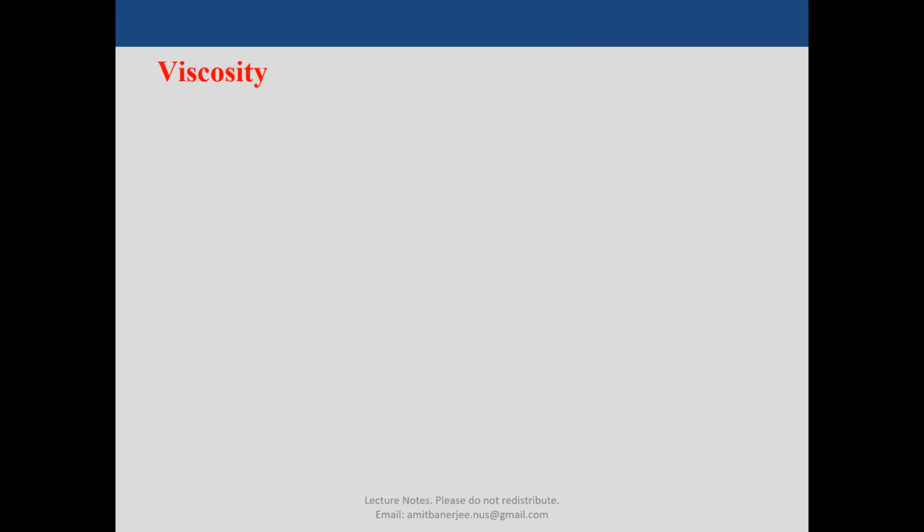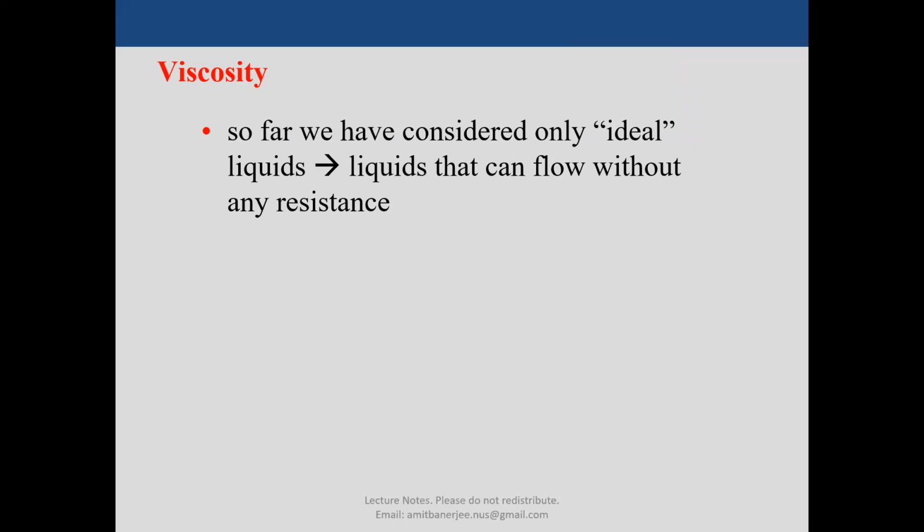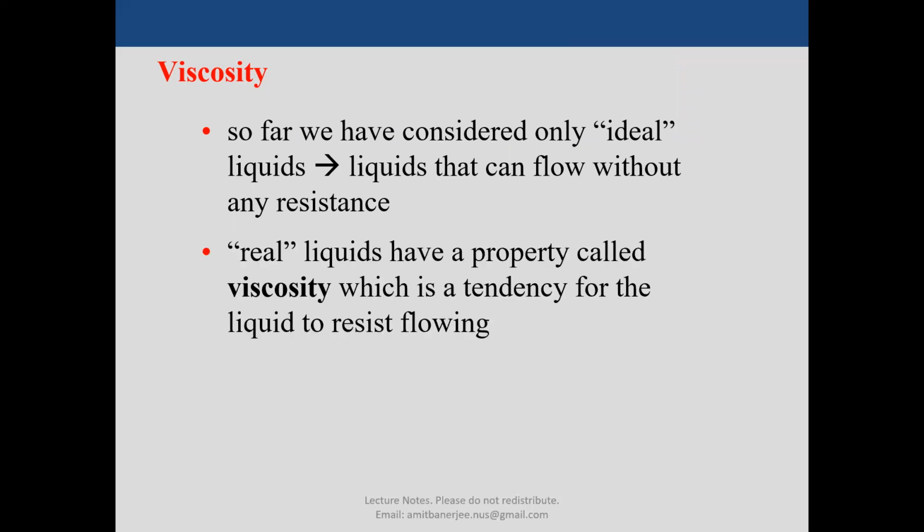Now, we definitely need to define viscosity. So far, we have considered only ideal liquids, liquids that can flow without any resistance. Real liquids have a property called viscosity, which is the tendency of liquids to resist flowing.